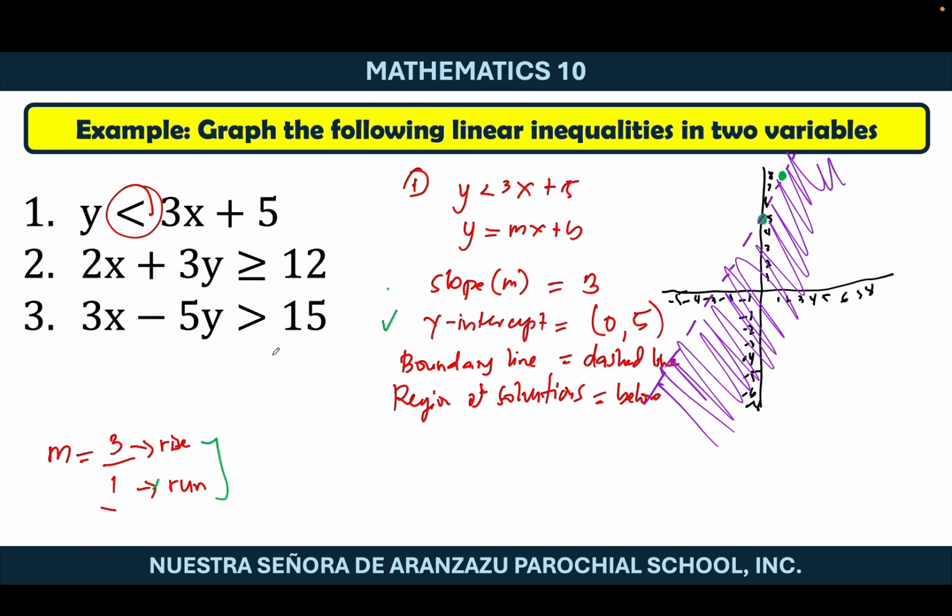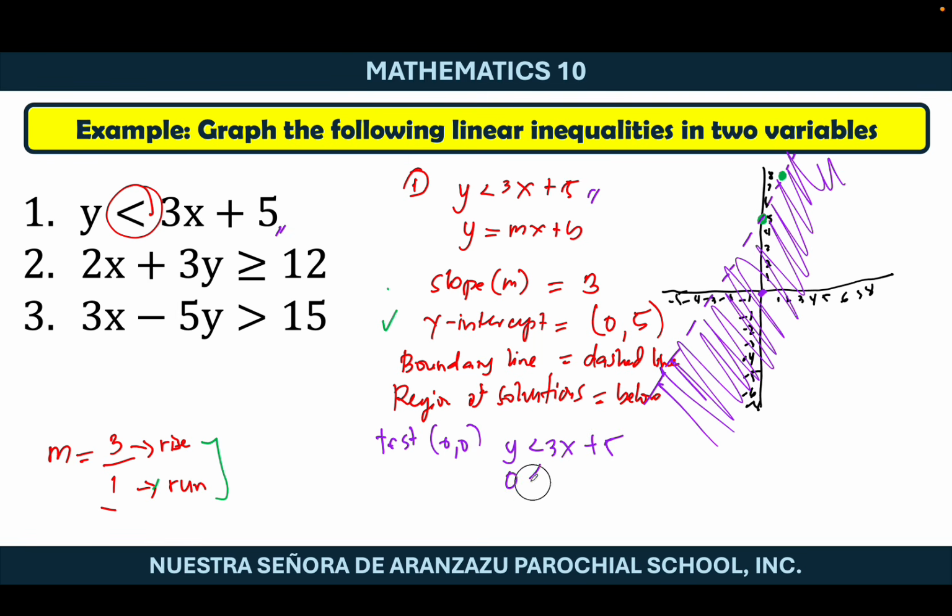Okay. Now, yung step 5 natin, we're going to test 0, 0, whether it is a solution or not. Since tumama siya sa 0, 0, yung solution natin, so dapat magtutrue siya. Okay. So, your x is 0 and your y is 0. So, using y is less than 3x plus 5, dito nang galing sa given.